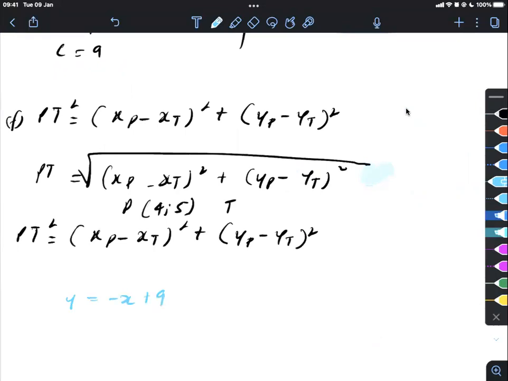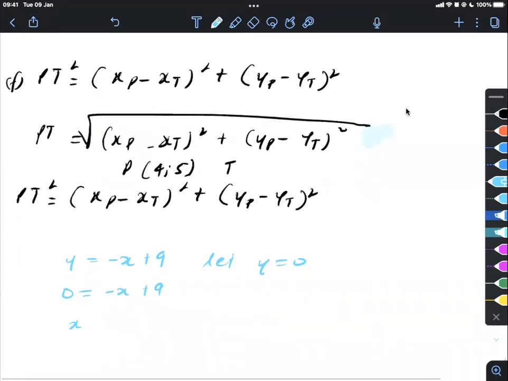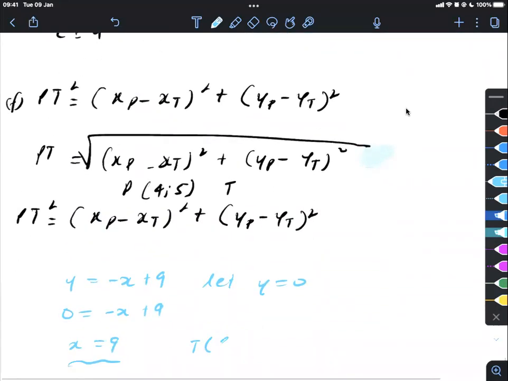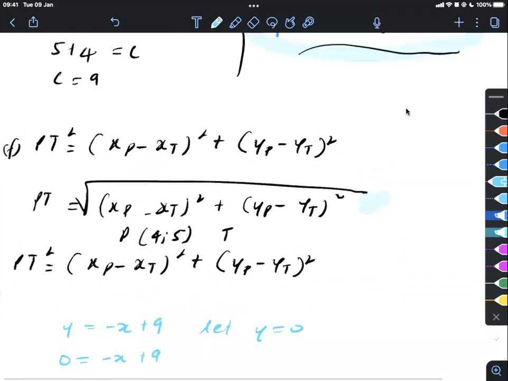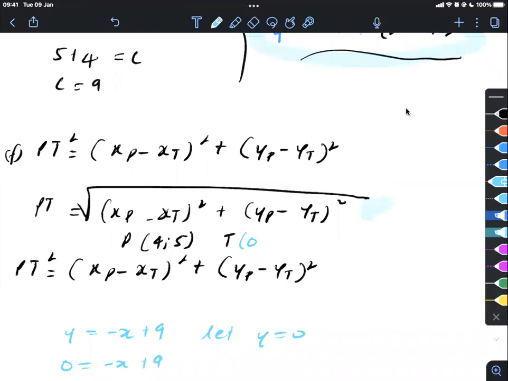So I'm looking for the coordinate. Now I have to let y equal 0 since I'm looking for the x-intercept. So I'm going to have 0 equals negative x plus 9, in which case x is going to be 9. So that point T will have 9 for x and 0 for y. So I'm going to put a 9 and a 0.